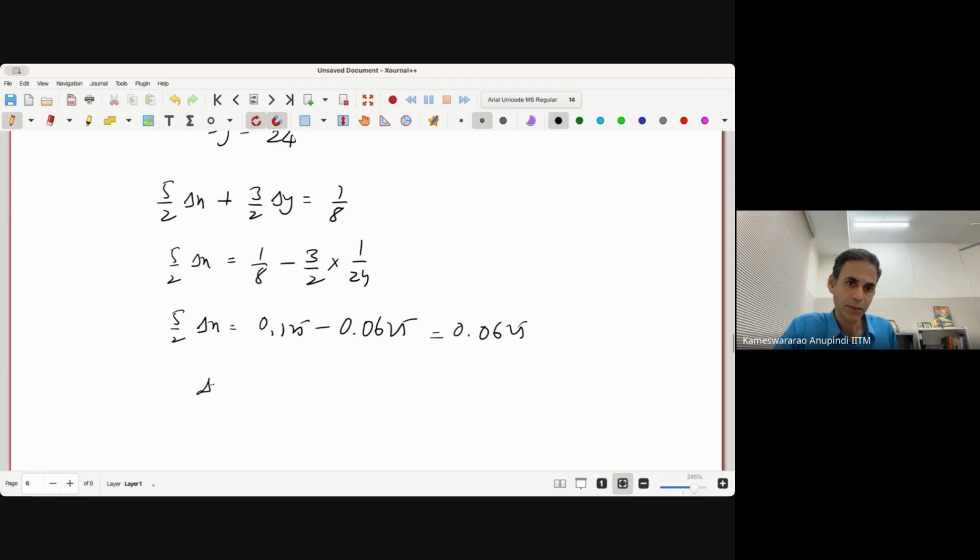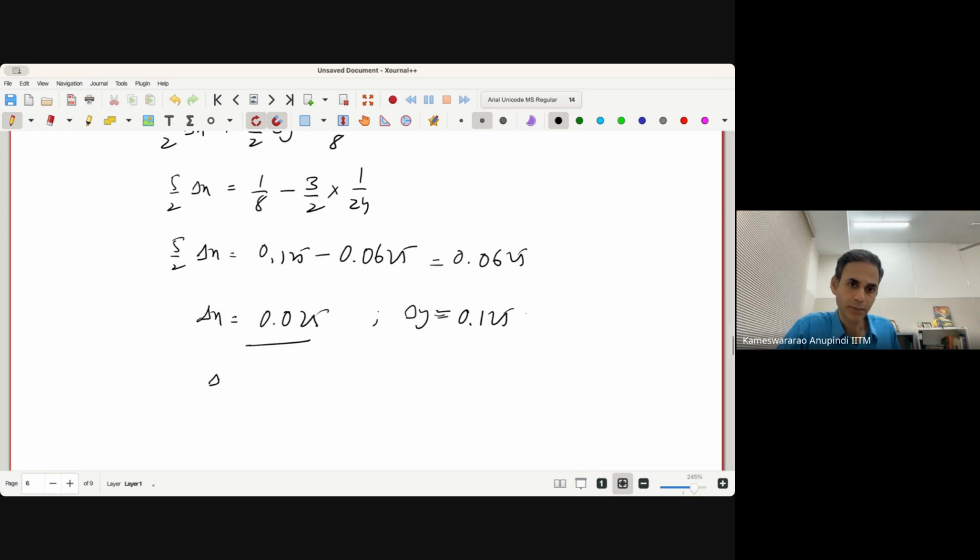That means my delta x is going to be that times 2 divided by 5, which is 0.025. So that is delta x. And then delta y was 1 by 8, so that is 0.125. So I got delta x, delta y as 0.025, 0.125.